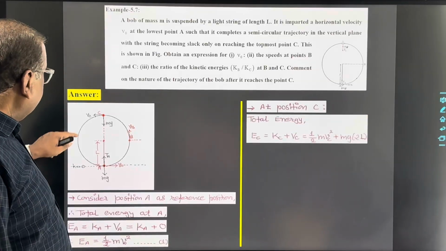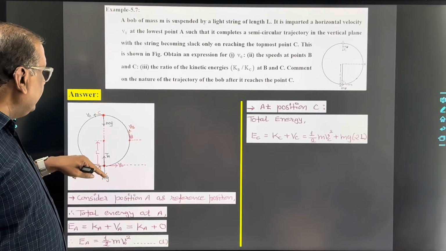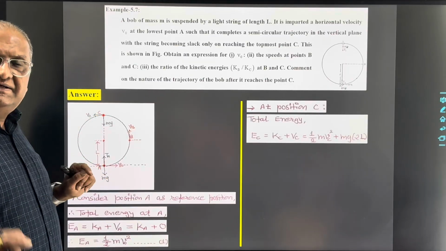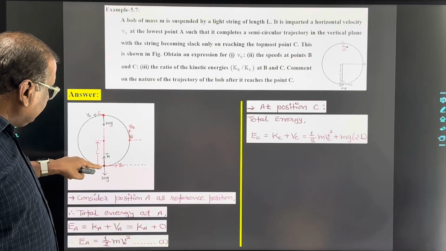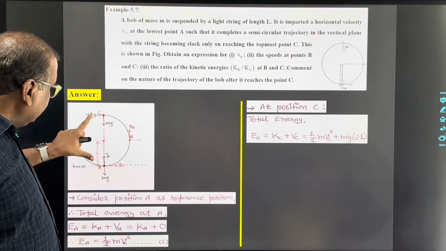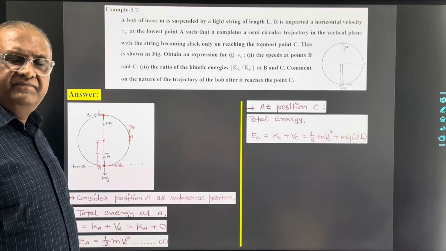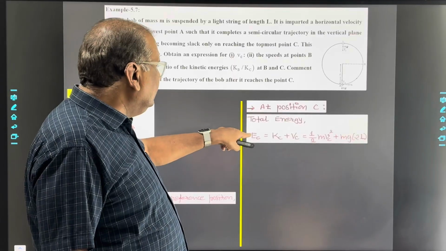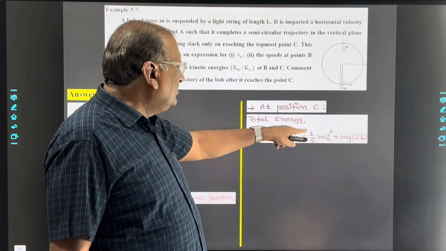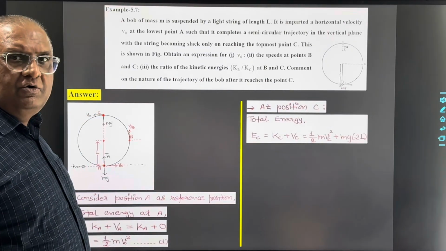Kinetic energy is half m vc square, and potential energy as per mgh, with respect to the reference position, is at height L plus L, 2L. Clear? So we can write the total energy EC equal to half m vc square plus mg into 2L.